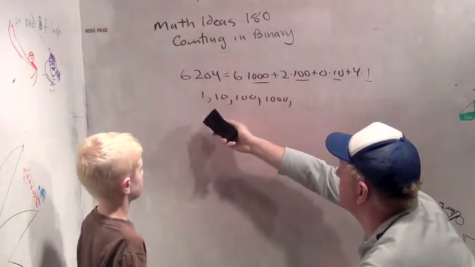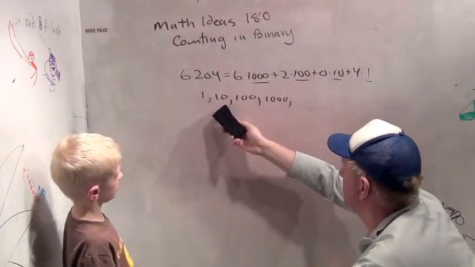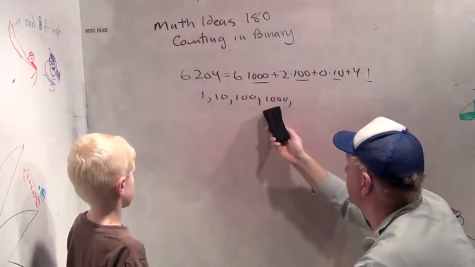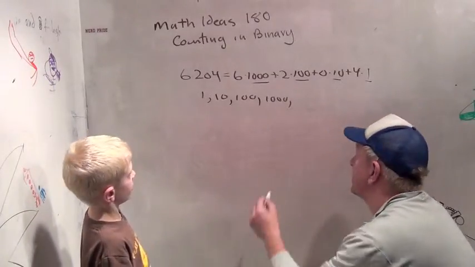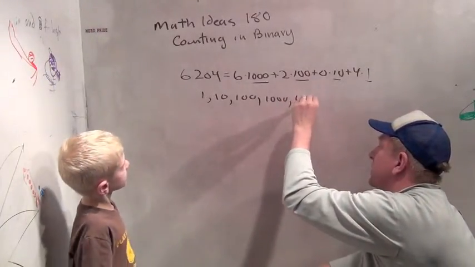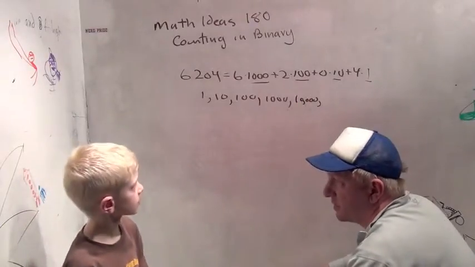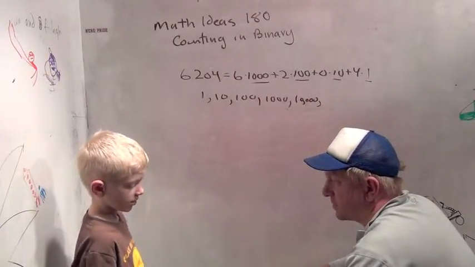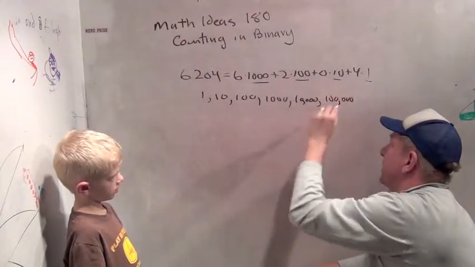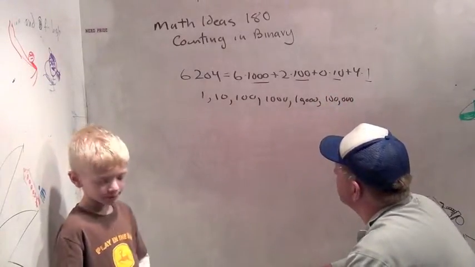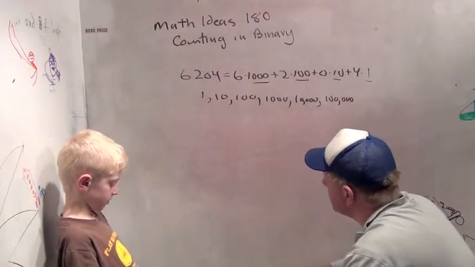I multiply by 10. 10, and then I multiply by 10 to get 100, multiply by 10 to get 1,000. So what's 1,000 times 10? It's 10,000. And what's next? 100,000. Very good. So that's base 10.